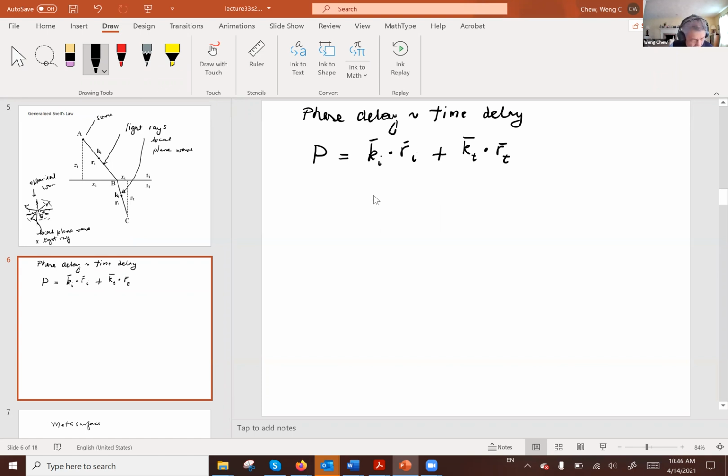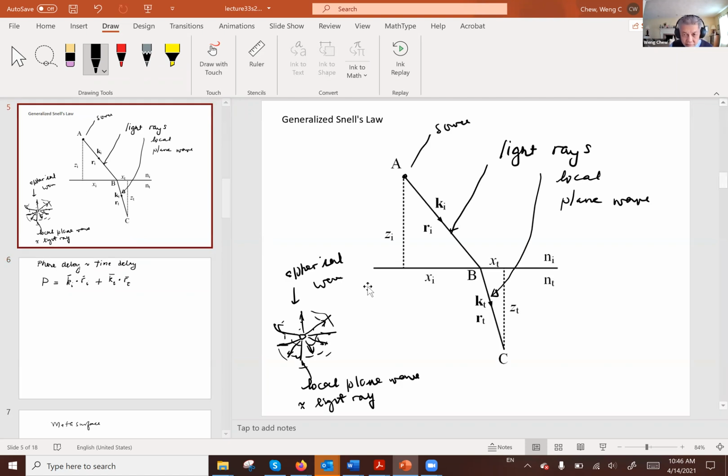And let's assume that I'm going to change xi a little bit. If you go back to this picture, I change xi a little bit. If this is the minimum point for phase delay, it would be a stationary point, which means that if I change xi a little bit, there's no change in the total phase delay, because by Fermat's principle, it will find the path with the minimum phase delay, and hence it's a stationary point.